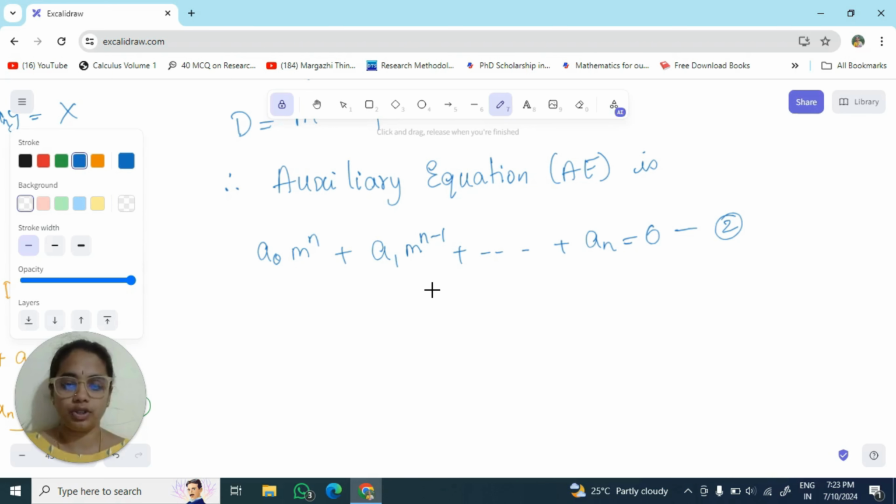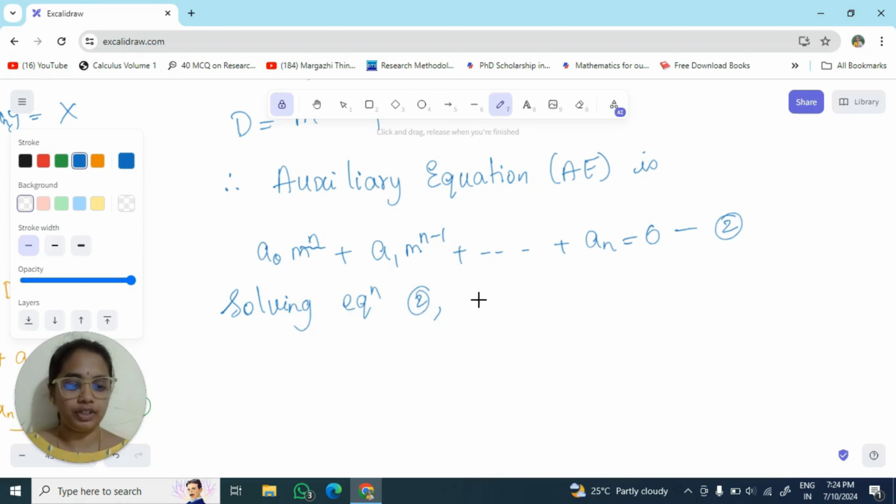Polynomial equation in short. Okay, to solve this, we will go back to our 8th standard math that we have already studied, finding the roots. Splitting the middle term or finding the roots of the equation. Now, solving equation 2, how many roots will we get?